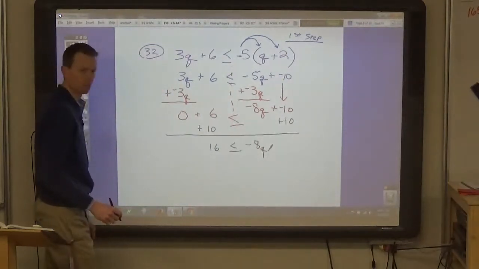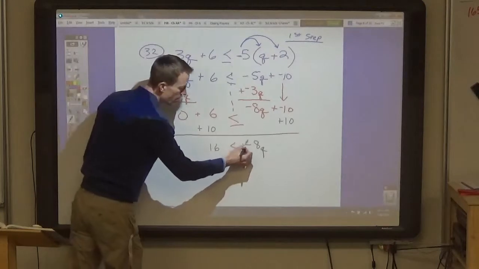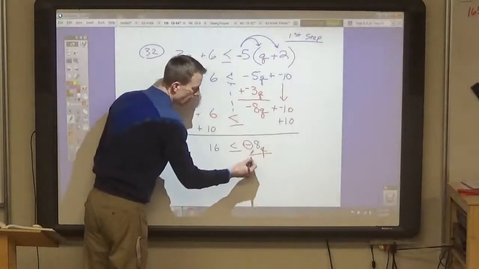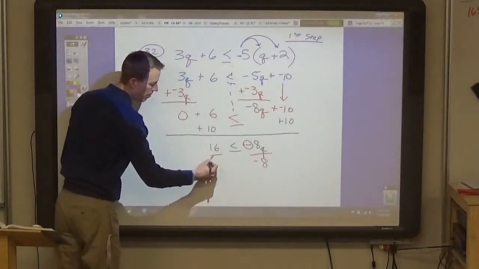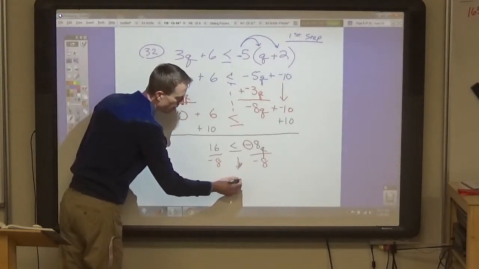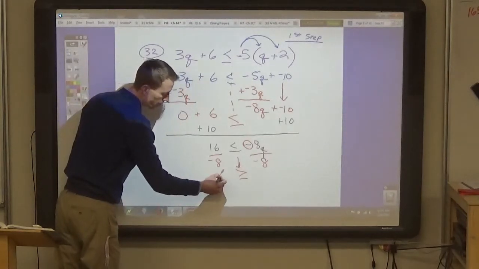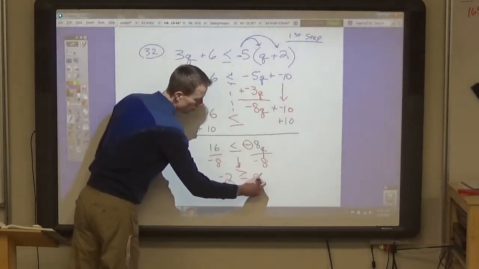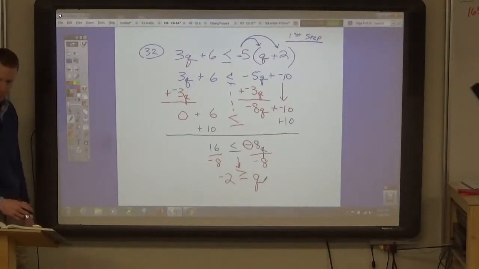And we have negative 8q. Will we have to reverse the sign? Yeah, we will, because this is a negative coefficient. So you divide by negative 8. Divide by negative 8. Flip the sign. Great.